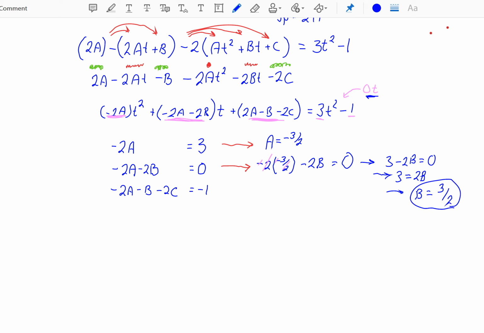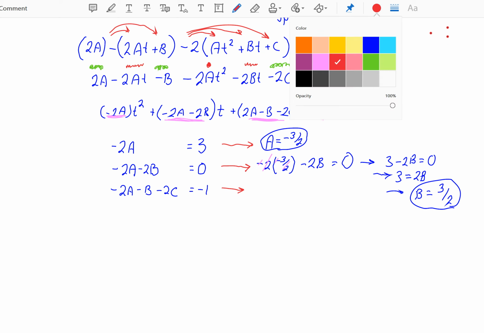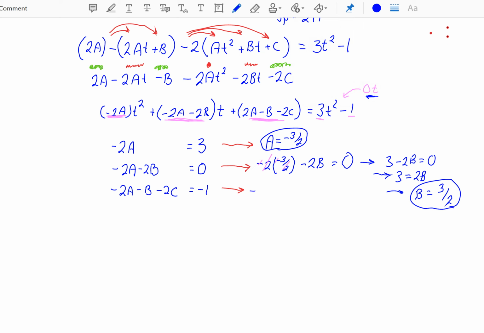So here's b now, and here's a. I think if we know b and a, we should be able to substitute them into our third equation to find c. So then we'll have negative 2 times a, which is the negative 3 halves, minus b, which we have as positive 3 halves, minus 2c has to equal 1.